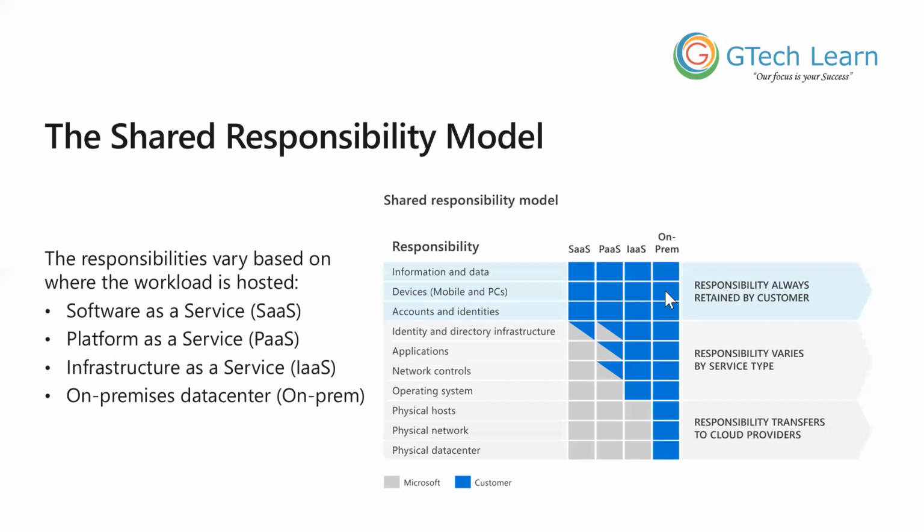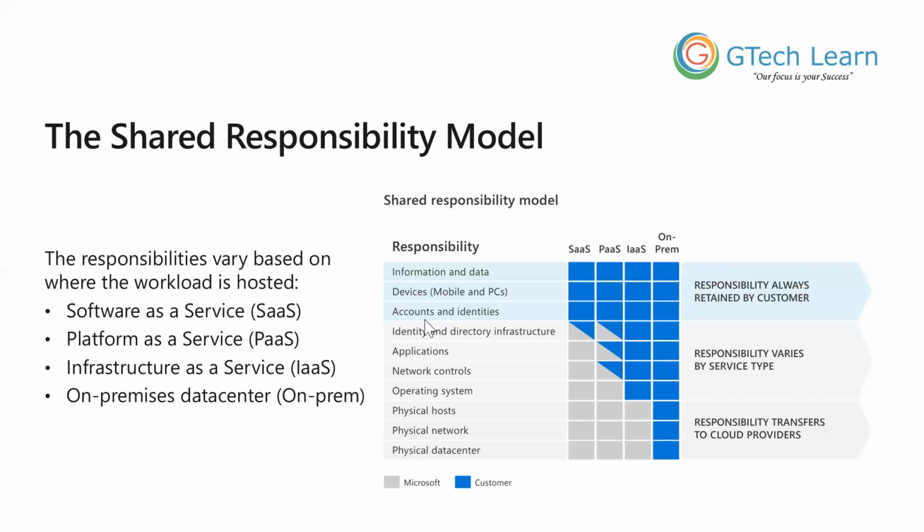If you are using a cloud provider's computing infrastructure, the cloud customer is not responsible for physical components such as compute and network, and you are also not responsible for the physical security of the data center. However, the cloud customer still has responsibility for software components such as operating system, network control, application, and protecting data.